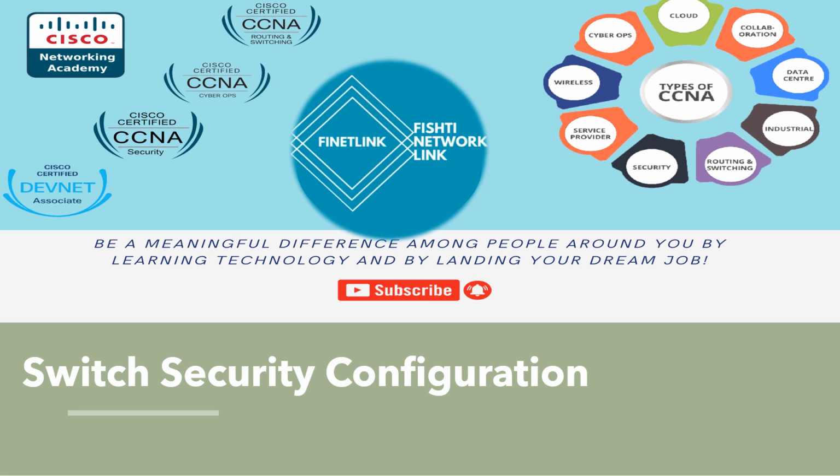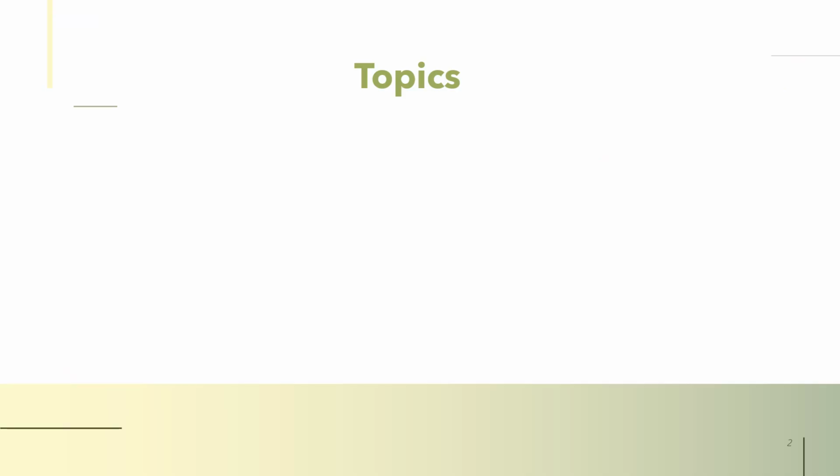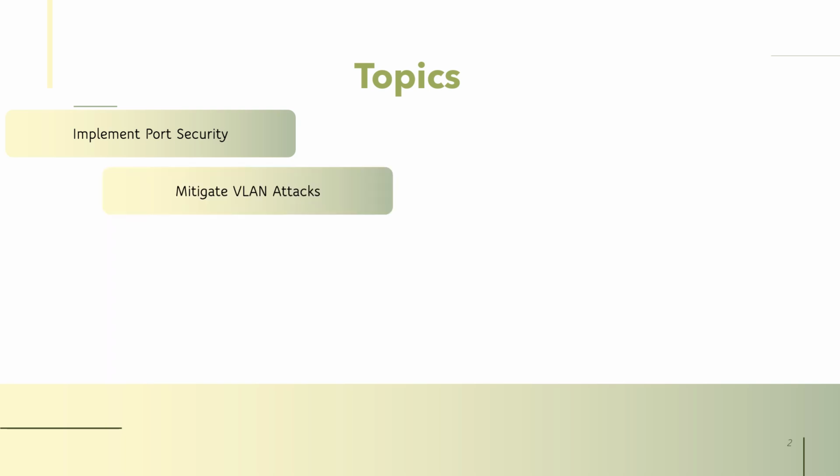And what we will see in this material is about switch security configuration, where we will implement port security to mitigate MAC address table attacks. We will explain how to configure dynamic trunking protocol and native VLAN to mitigate VLAN attacks.